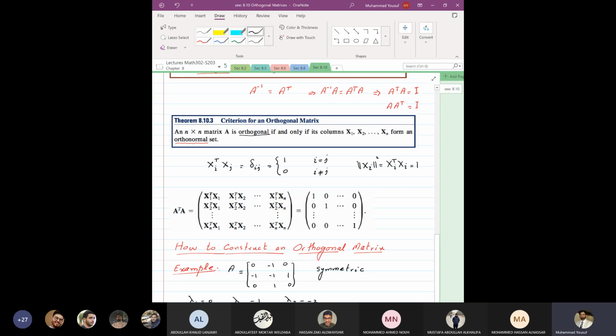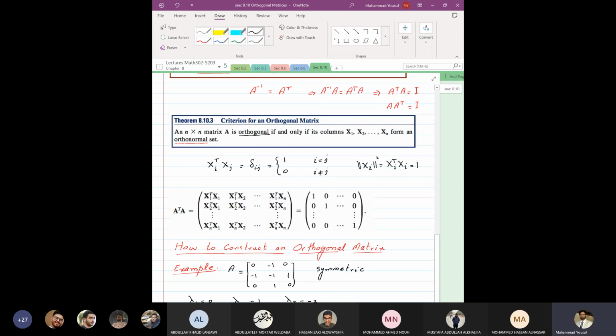Why? Because of this word orthonormal. Orthonormal means orthogonal as well as the norm of each column, considered as a vector, being equal to 1.